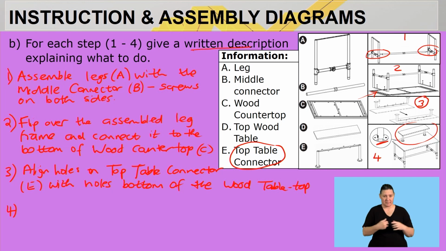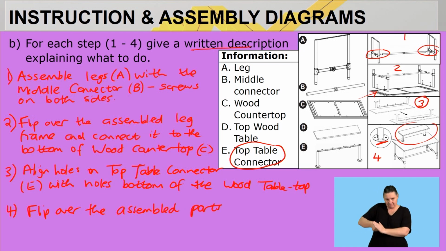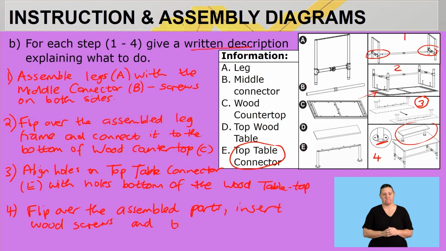So I'm going to flip over all the assembled parts, right? And then I'm going to tighten it. So the last step here, we flip over the assembled parts, and then insert hood screws and then tighten the wooden countertop.